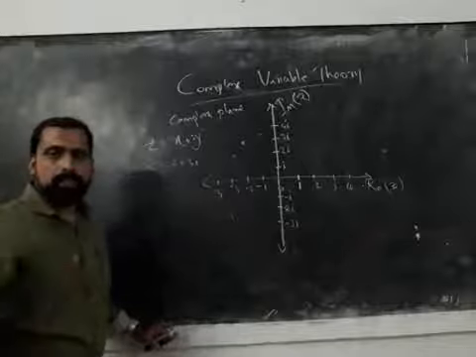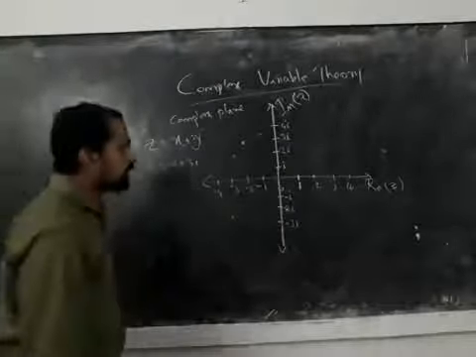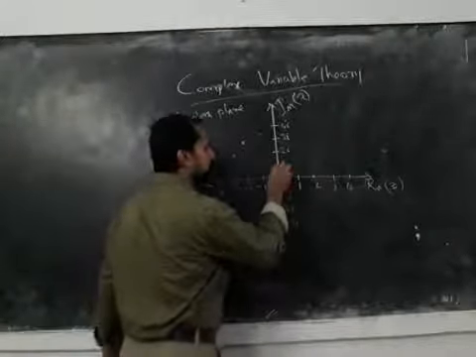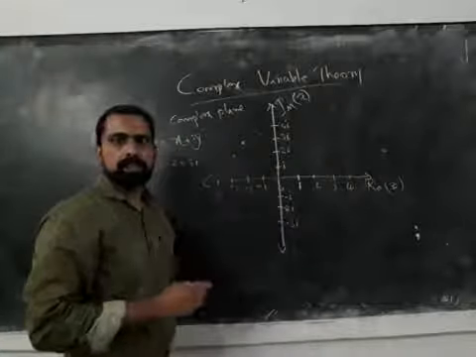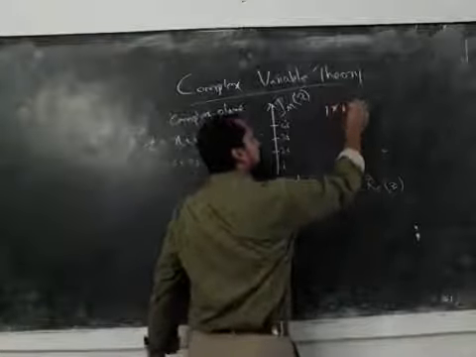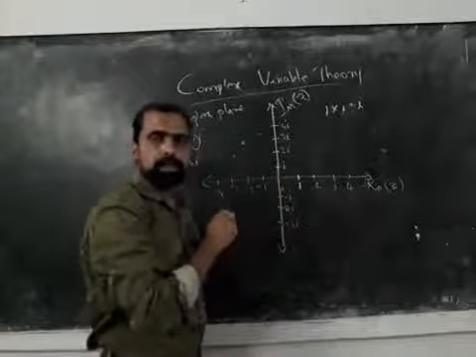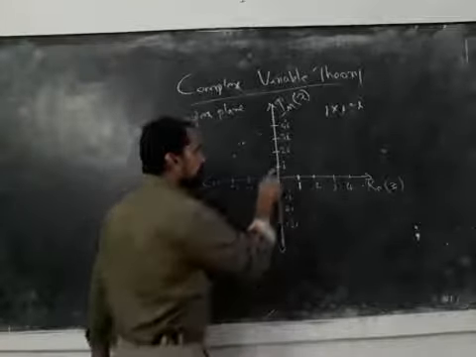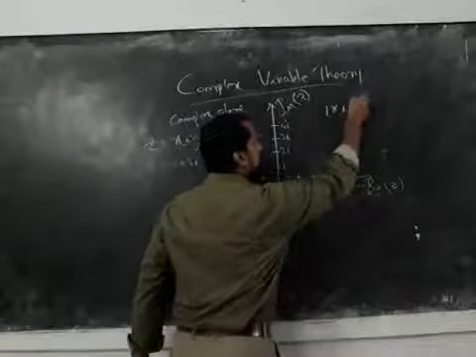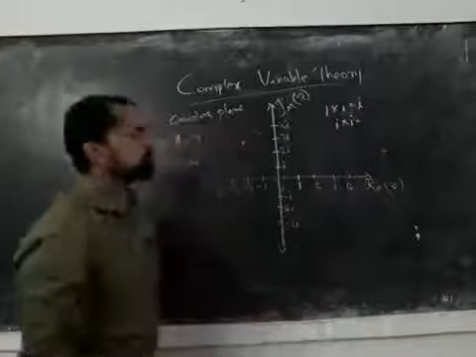Now we can look at some other properties. If you have the complex number 1 and multiply it with i, that will give you i. So this is the result. Now if you multiply this result i again with i, what would be the result?